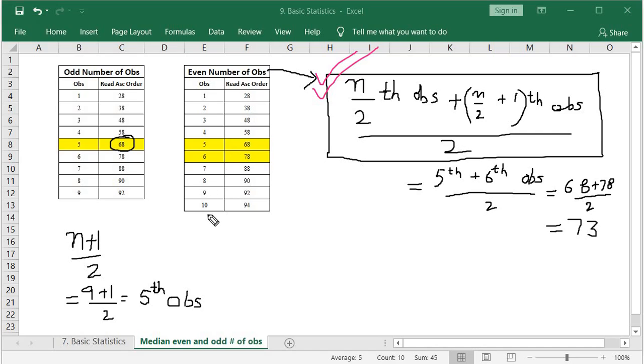In this example, we have 10 observations. So n by 2 is 10 divided by 2, the 5th observation. N by 2 plus 1 is the 6th observation. And you simply take the average of the 5th and 6th observation. You add up the 5th and 6th observation and divide by 2, which is 68 plus 78 divided by 2. The average of these two would be 73. That would become your median.